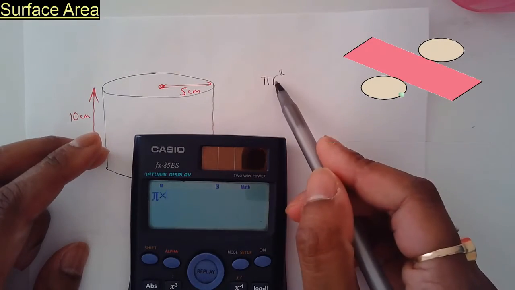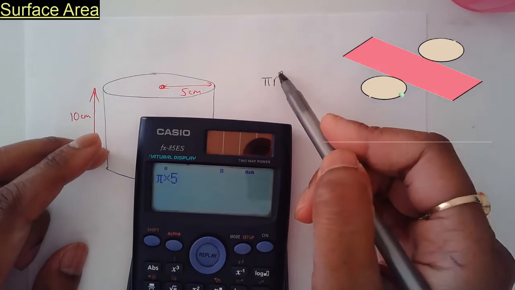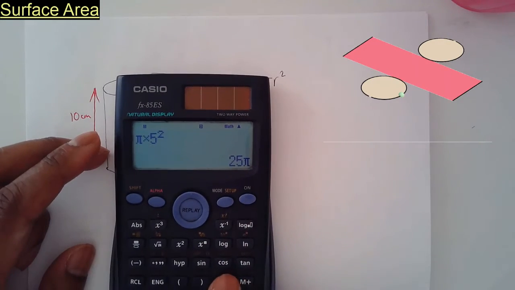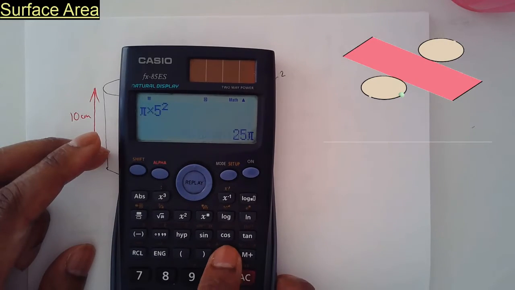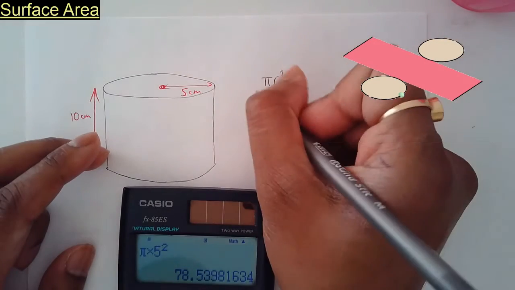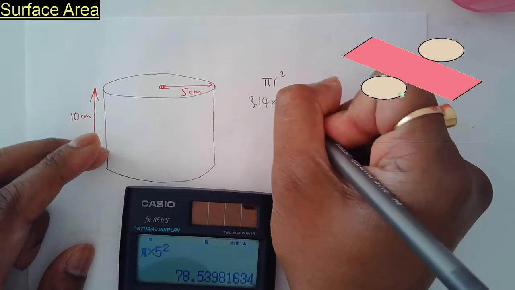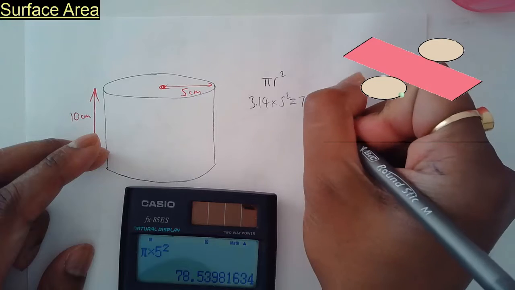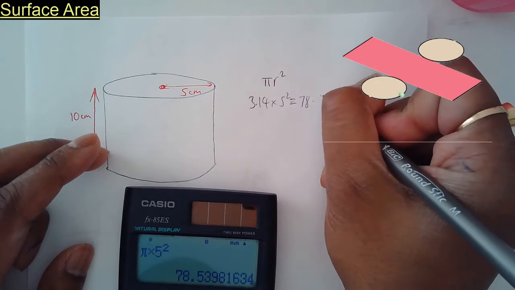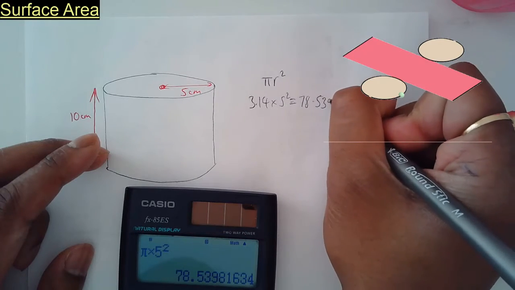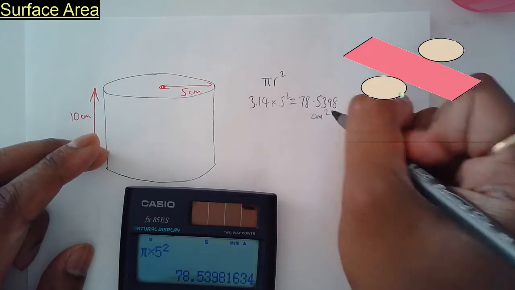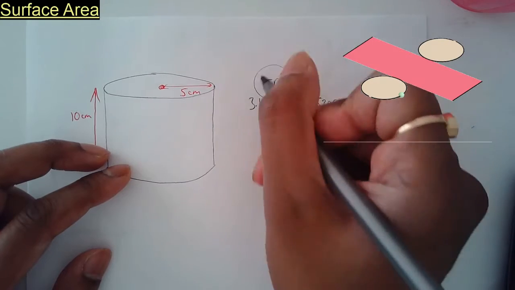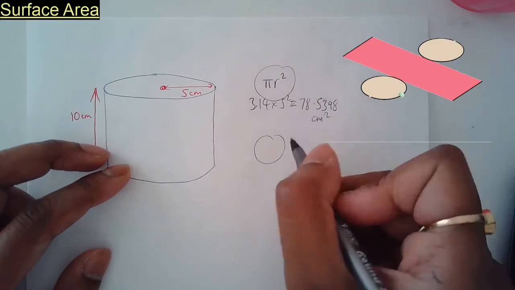So replace the r with 5 squared. Right, press the equals button. That's the area for one of the circles. So obviously the other one is going to be the same.